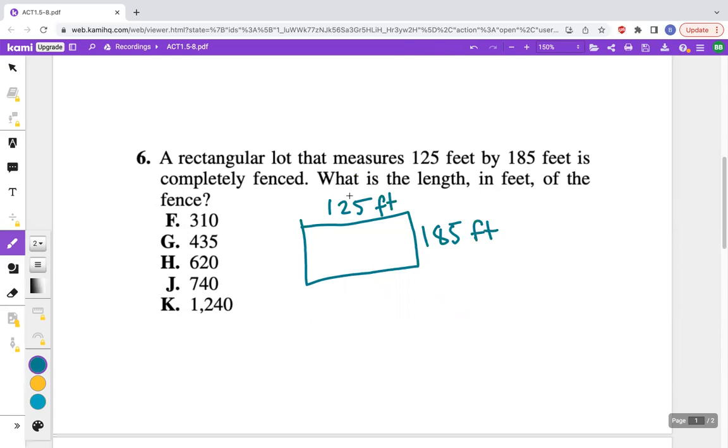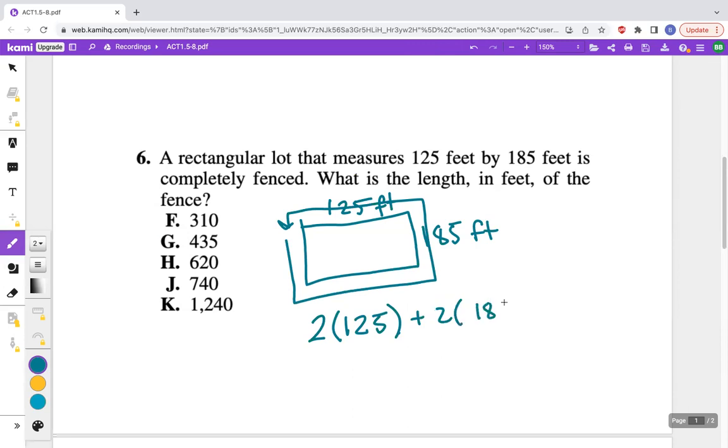The only thing that might get you mixed up here is knowing if they're asking for area or perimeter. If they're asking for the length of the fence, they're just asking for the distance around. So if we wanted to write that out, that's 2 times 125 plus 2 times 185, and we can just plug that into our calculators.